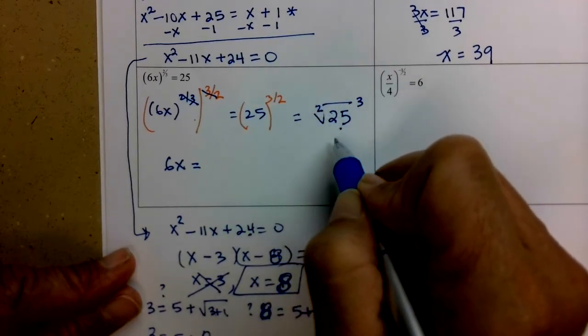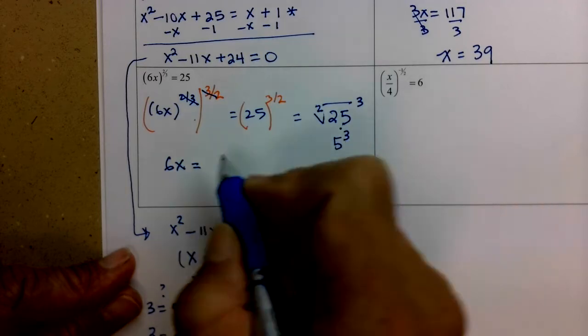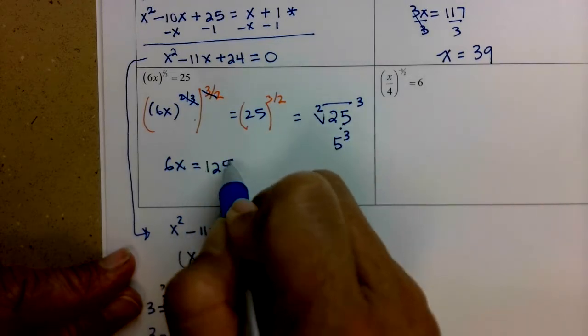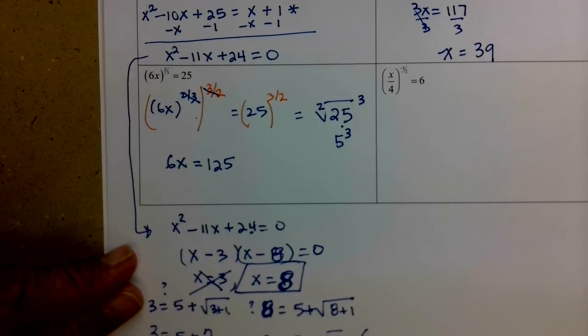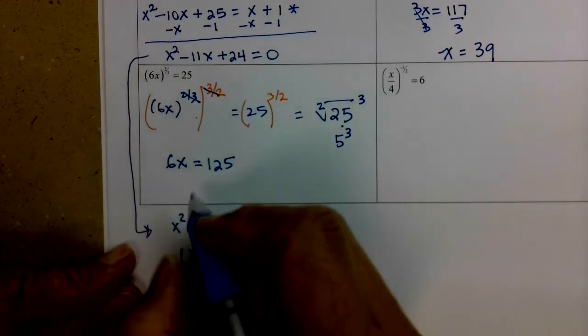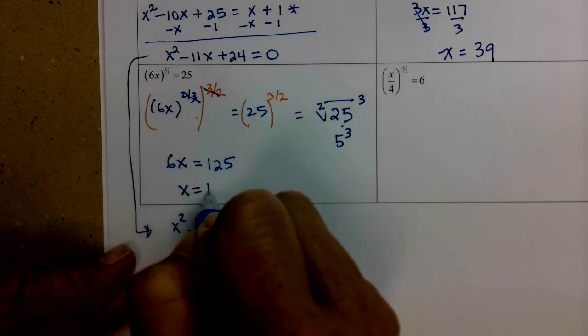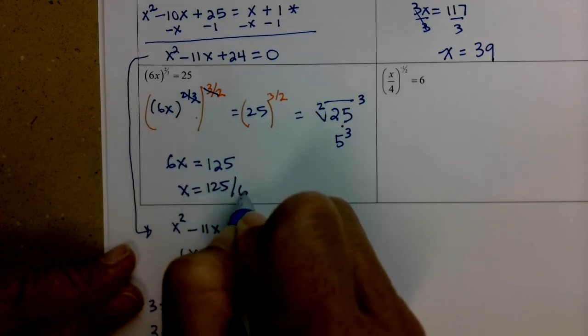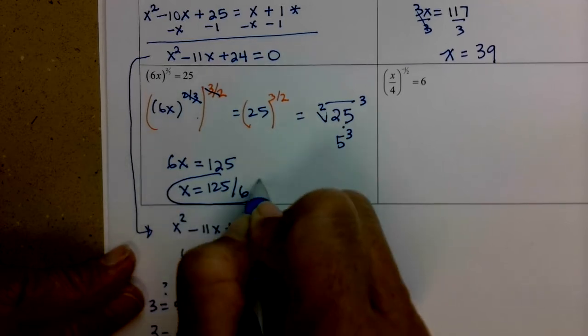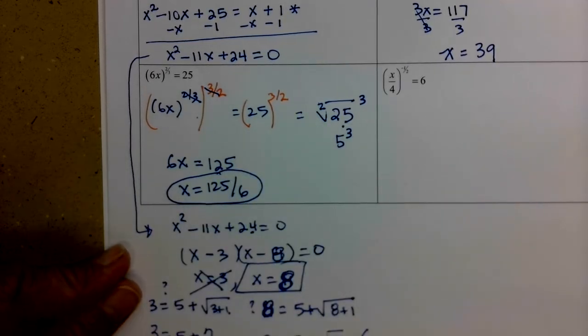Square root of 25 is 5, cubed is 125. So 6x equals 125 is an equivalent equation. Solving for x, we divide both sides by 6. So 125 over 6.